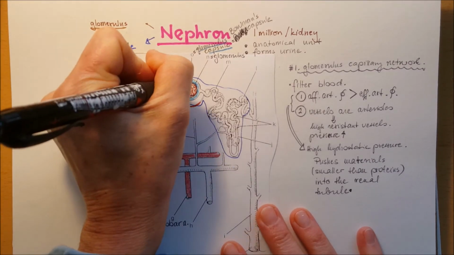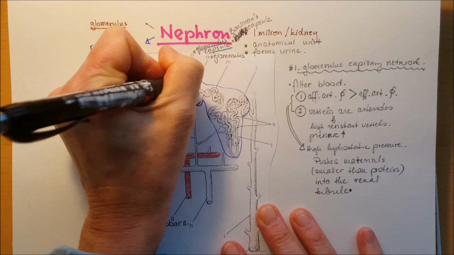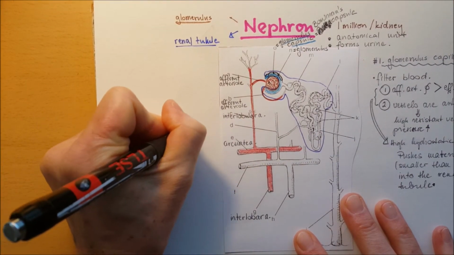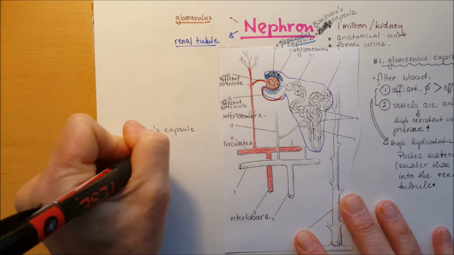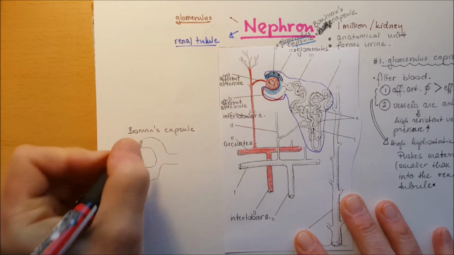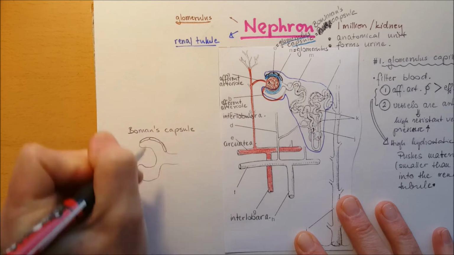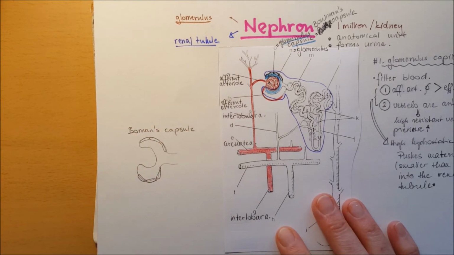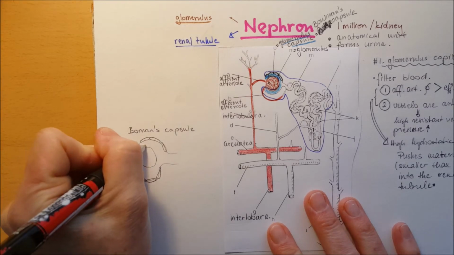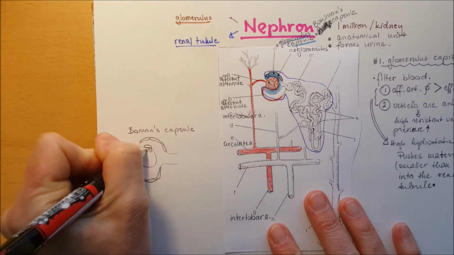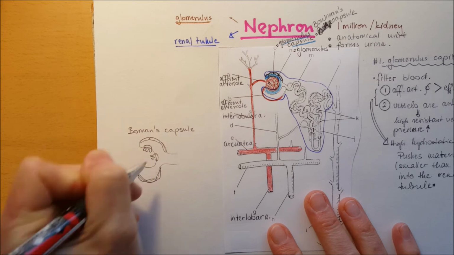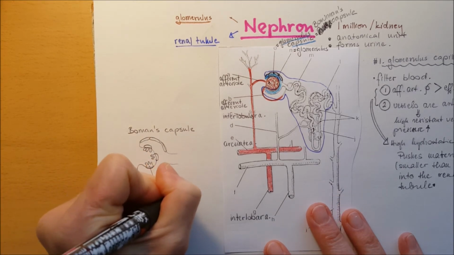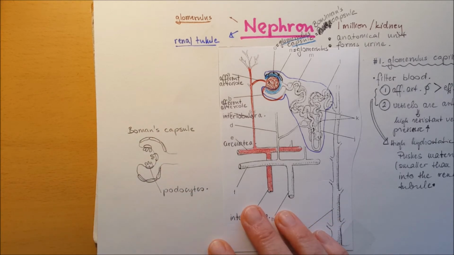Let's get a closer view of the Bowman's capsule on the side. The outside of the Bowman's capsule contains tightly fitted epithelial tissue, simple squamous, but the inside, proximal to the capillaries, is made of podocytes.